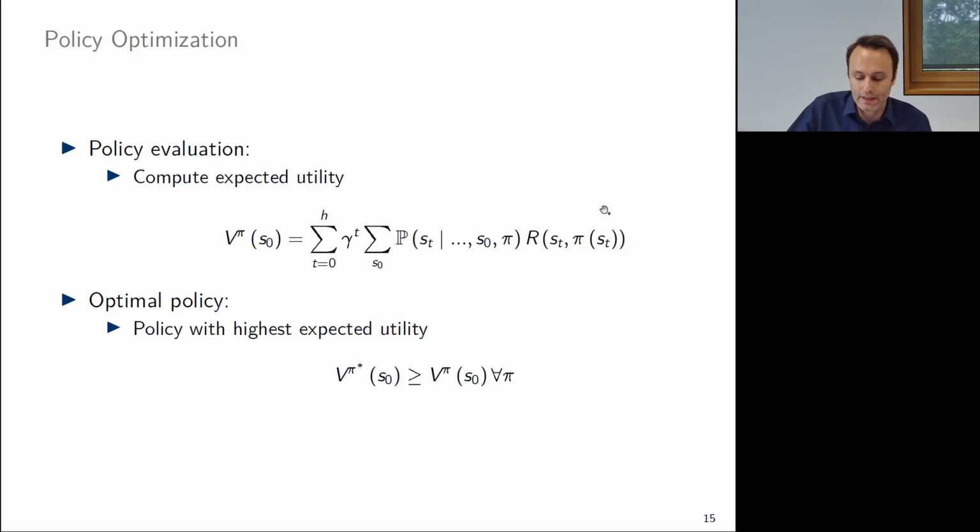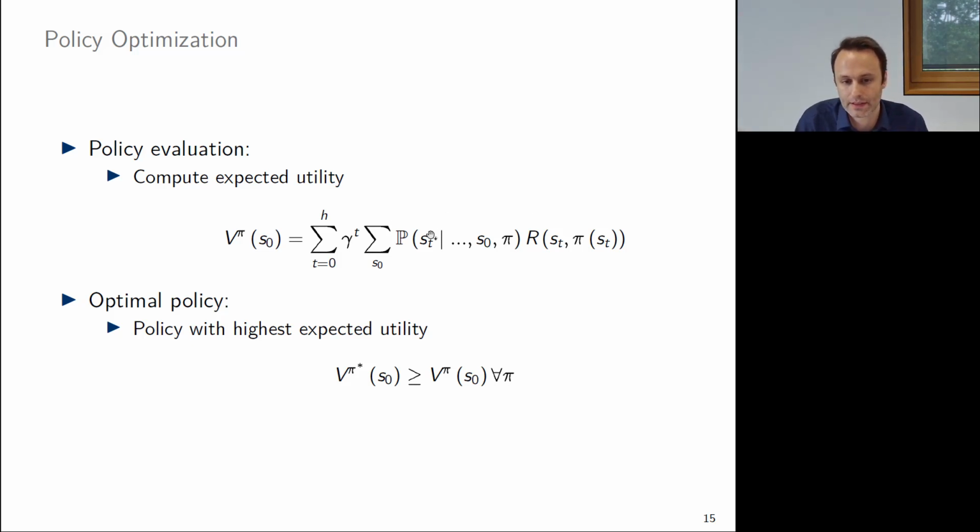And so if we actually are in state S0 and plan ahead h periods, then how we can evaluate policies, so a sequence of actions, we can write this up as expected utility, and that's this V of pi, of the policy pi, given the state S0 where we are and plan ahead, and then we sum up the discounted expected rewards in each state.